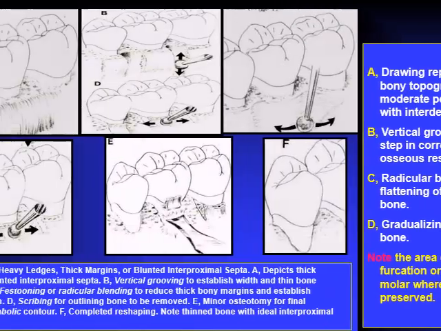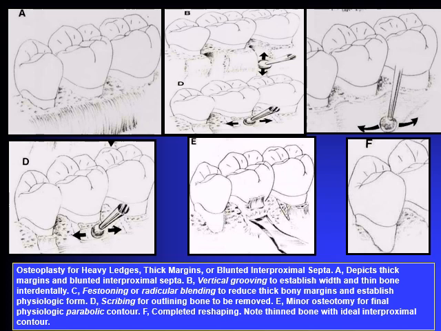Here, see here also in A, this is not as the previous lesion. This is thickness or buttressing bone formation or bulging of bone, with a blunted interdental area. It is not a shallow crater, it is a blunted interdental area. Then in B, we made what?